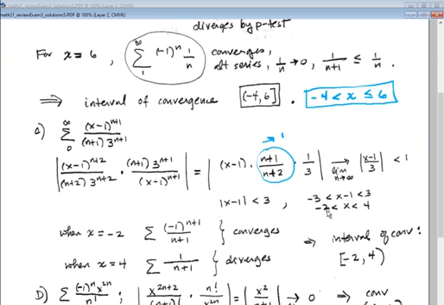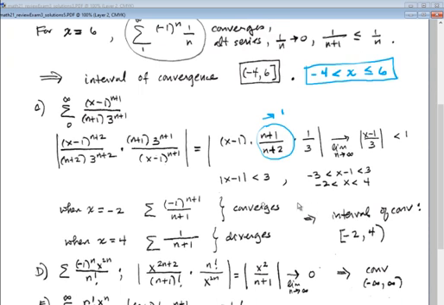Okay, and then again we have to check the endpoints. So let's check x equal minus 2. All right, minus 2. So we have minus 2 here. Minus 2 minus 1, that would be minus 3. And here we have a 3, so that gives us minus 1 to the n plus 1. That's that minus 3 over the 3 to the n plus 1 gives us minus 1 to the n plus 1. So that one's going to converge, like in the previous example.